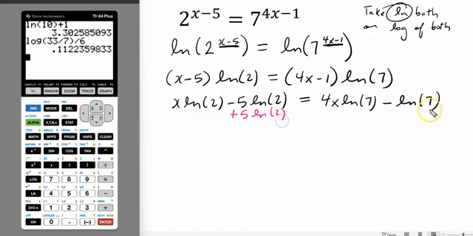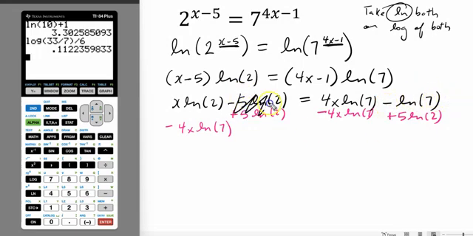And the way I take it to the other side is I'm going to add 5 times ln of 2 to both sides. Now this has an x in it. It needs to be over on the left-hand side, so I'm going to subtract that from both sides. Okay. This does not have an x in it, so it needs to stay there.